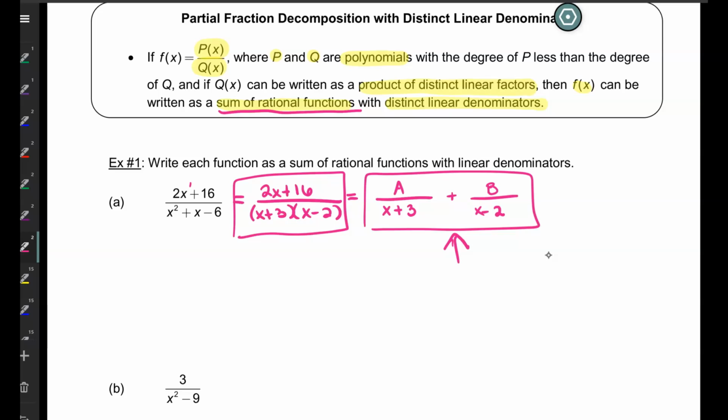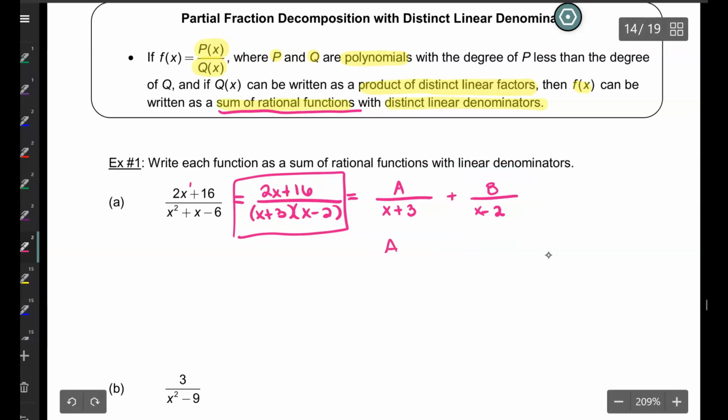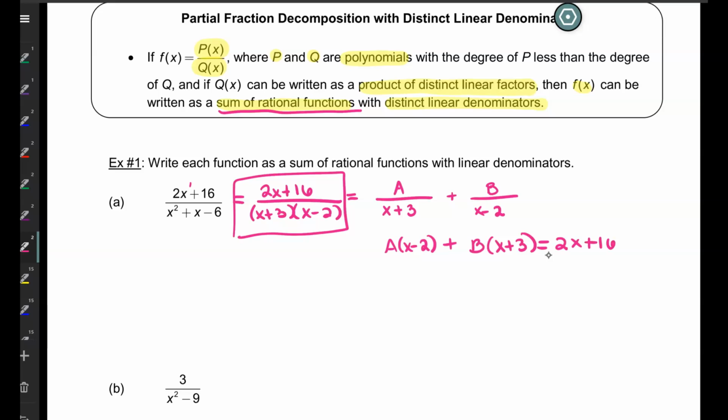We'd want to find a common denominator, so we would multiply a times x minus 2, and then multiply b times x plus 3. And this whole thing is going to have to be equal to the numerator of what we started with, which is 2x plus 16.